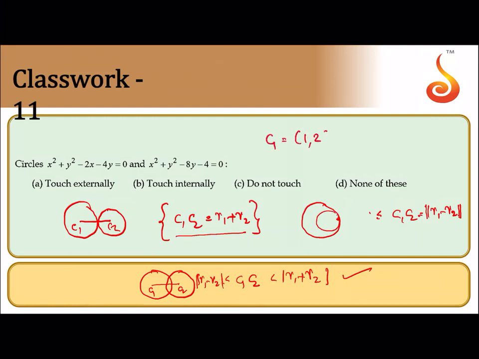In our case, center C1 is given as 1, 2 and C2 is given as 0, 4.